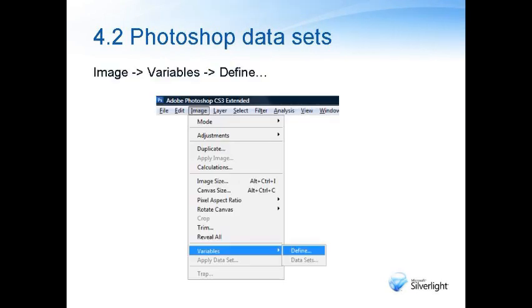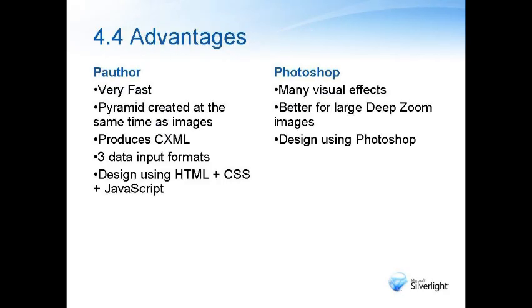This feature lives in the Image Variables Define menu. I won't go into more detail on how to actually implement this, but it's reasonably documented in Adobe's help files, which are linked in this presentation.